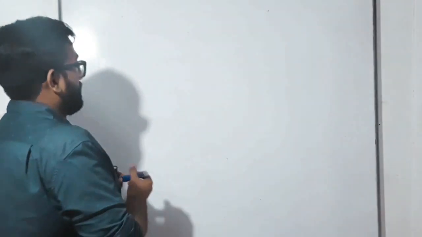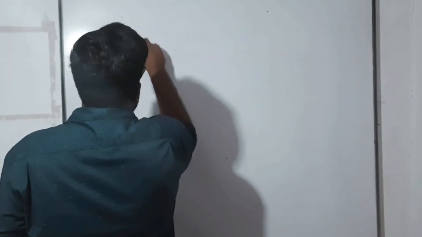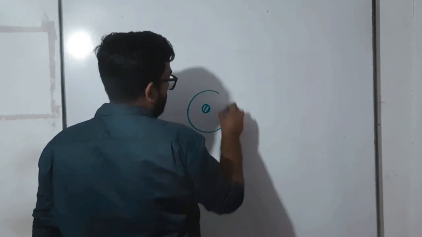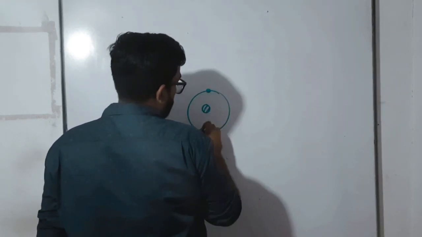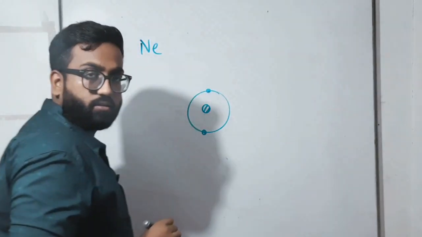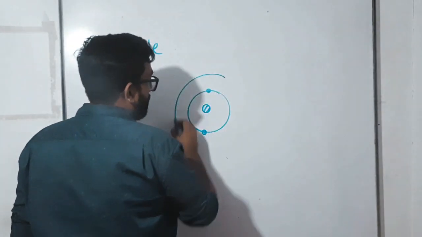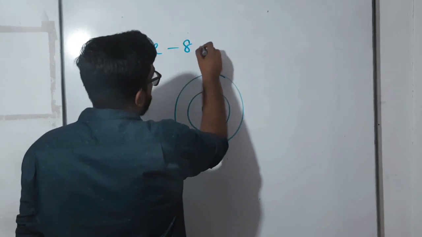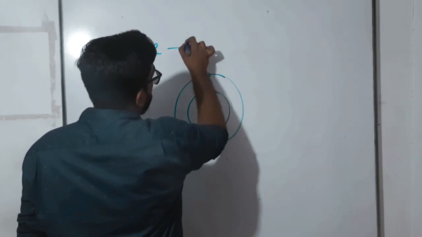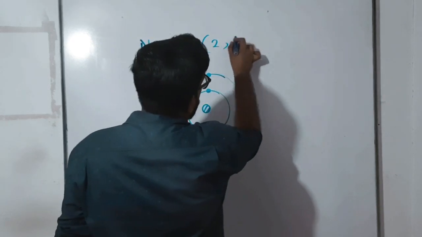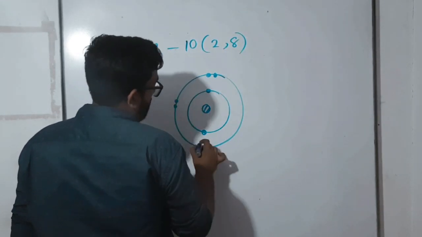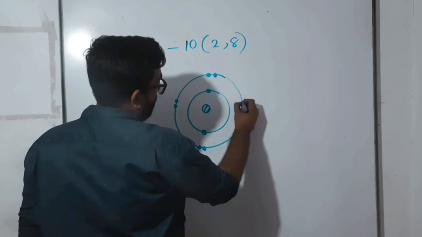Now, let's take another example. Neon, right? This is the nucleus of neon. This is the first energy level, 2 electrons are there. Second energy level, 8, sorry, neon has 10 electrons. Electronic configuration 2, 8: 1, 2, 3, 4, 5, 6, 7, 8.